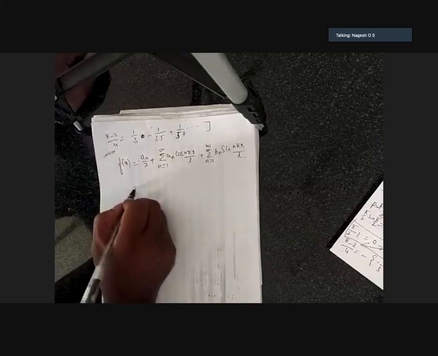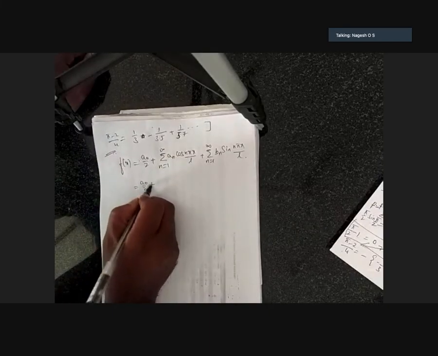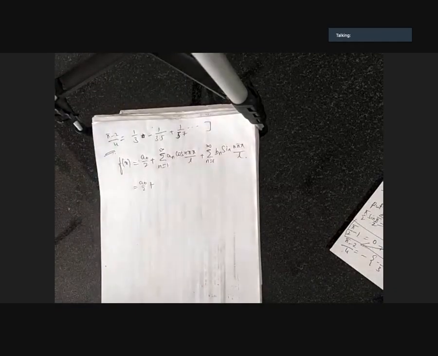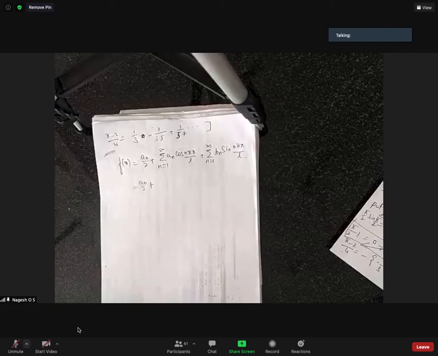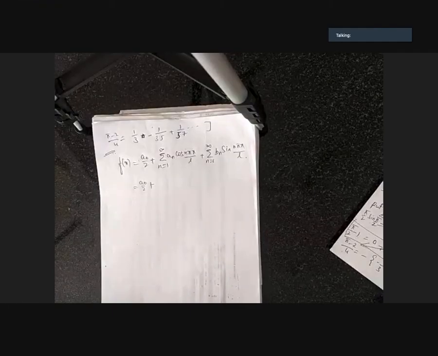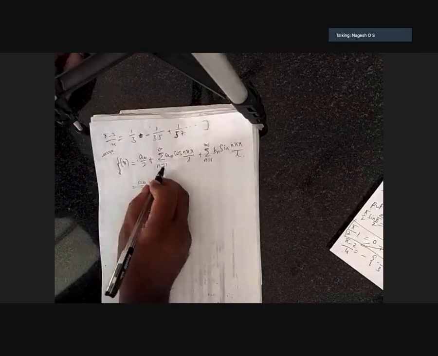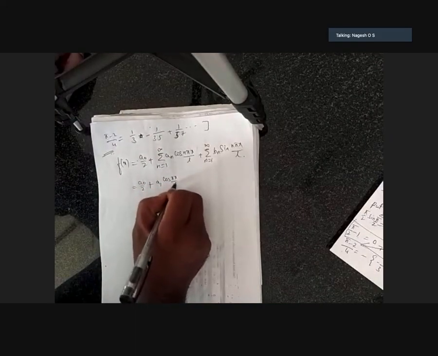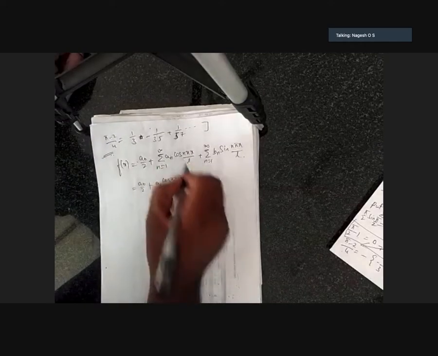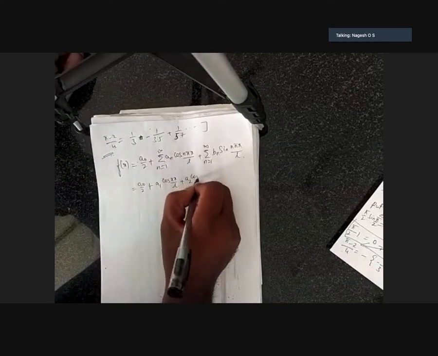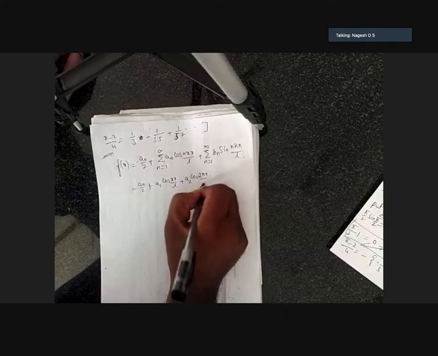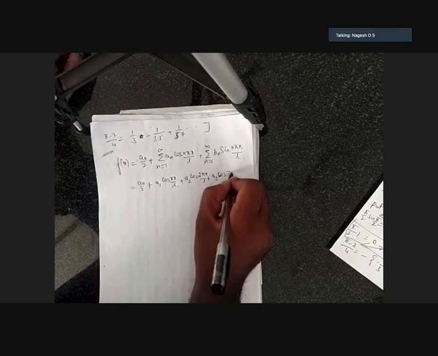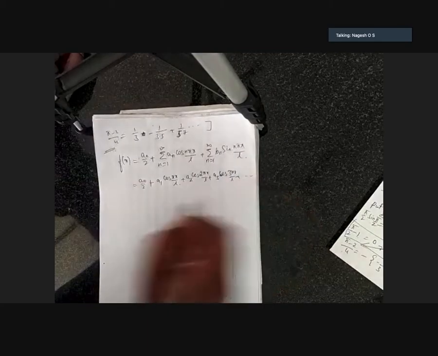Okay, if you give values for n, this will be a1 cos pi x by L plus a2 cos 2 pi x by L plus a3 cos 3 pi x by L, it will continue.